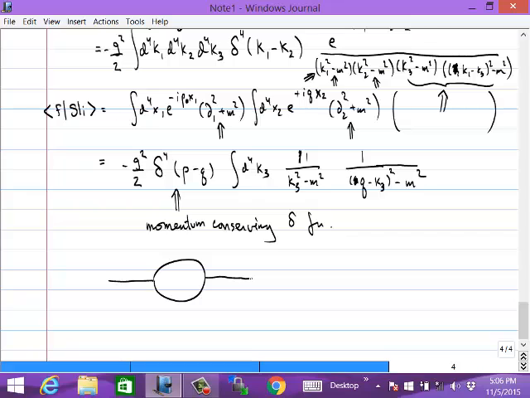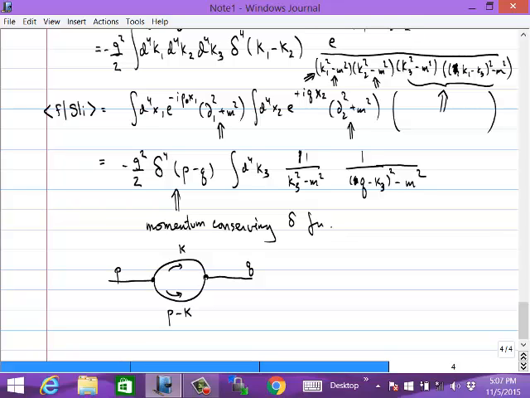Well, the story that you would tell yourself is that if you want to calculate the amplitude for a particle with momentum p to undergo a scattering process and end up as a particle with momentum q, well, what this diagram is doing is it's telling you that there's one contribution to that amplitude, which comes from this particle with momentum p splitting into two other particles, one of which has momentum k3, which we could just call k if we wanted to drop that 3 label, and the other of which, by momentum conservation, has momentum p minus k, so that their total momentum is conserved.